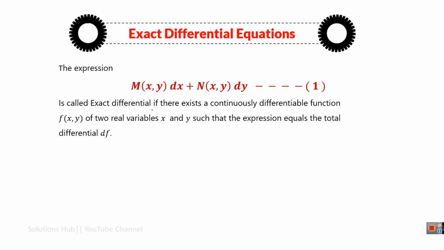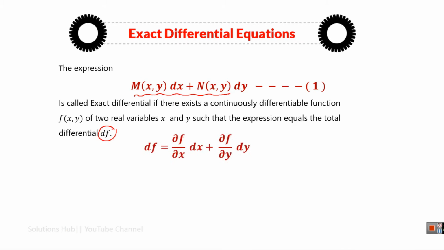It means that if this expression, labeled as 1, becomes equal to the total differential of some function f, and the total differential of some function f is given by this particular equation, then if you equate this total differential to this expression, this expression will be called our exact differential.